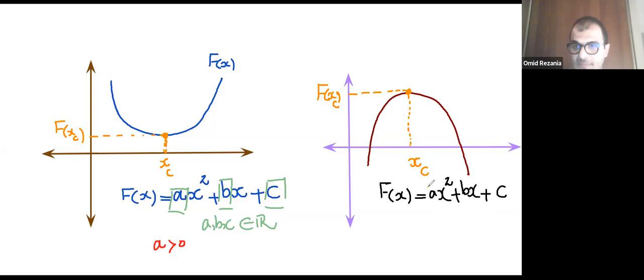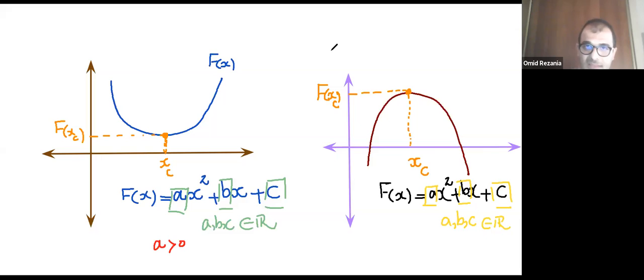Again, we have the same scenario: a, b, and c have to be real numbers, in our definition of polynomials of n degrees or quadratic functions, which we talked about yesterday.